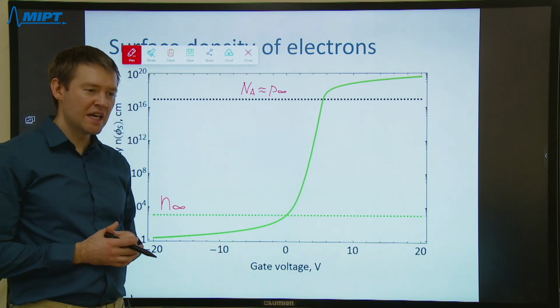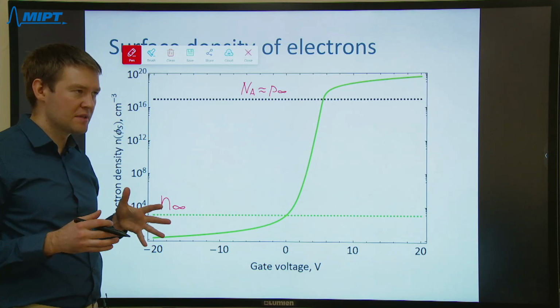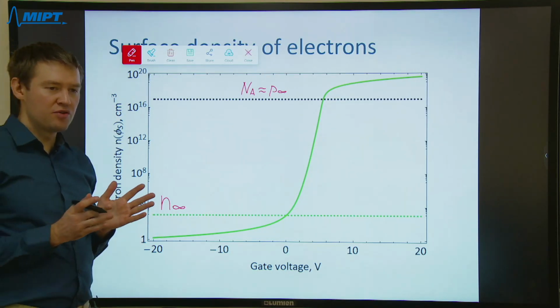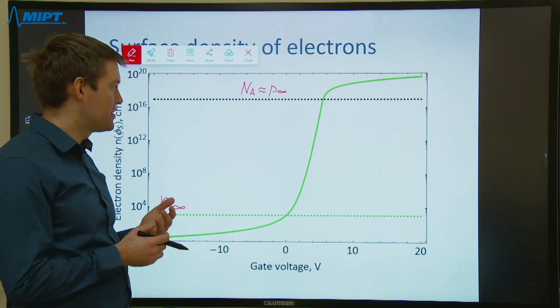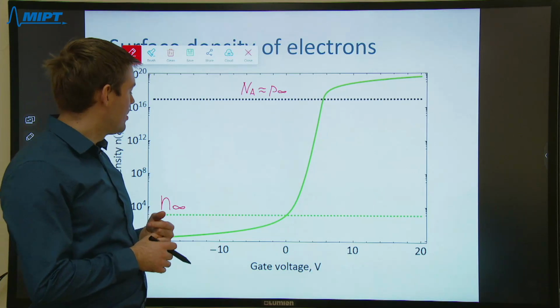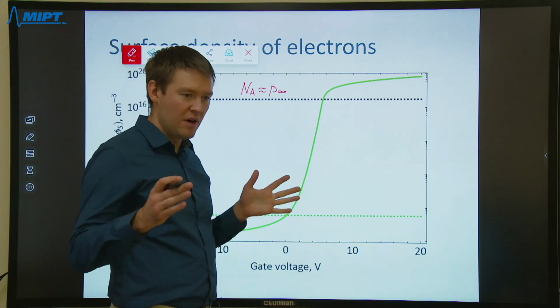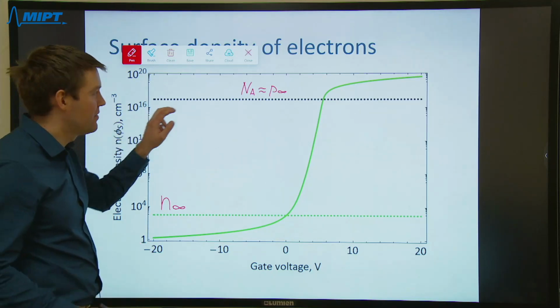To get the conduction of the transistor, we need to count all electrons that have approached the surface, and they are measured in units per centimeter squared of surface. So we will need to integrate the number of electrons from all points, not only at the surface itself.